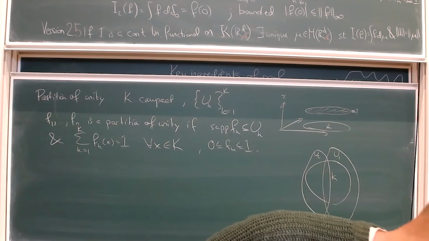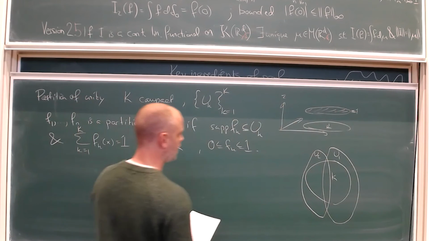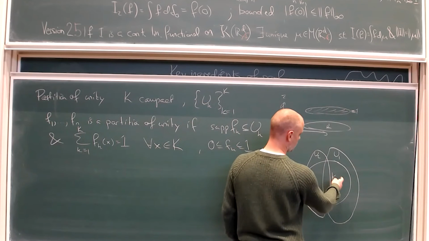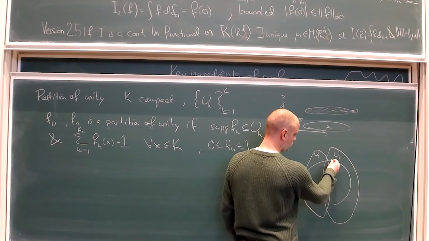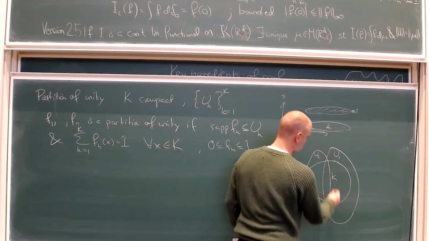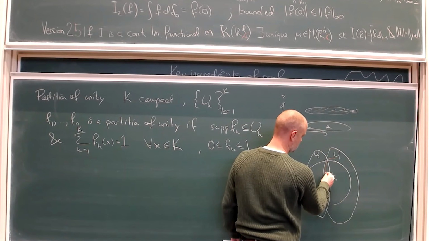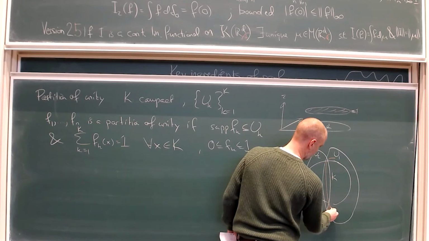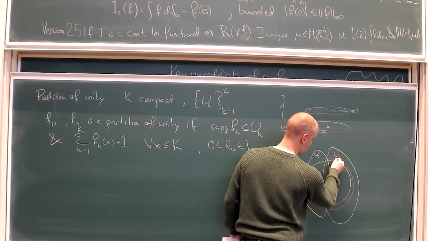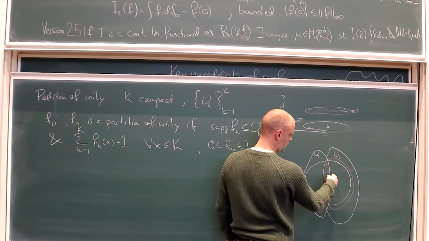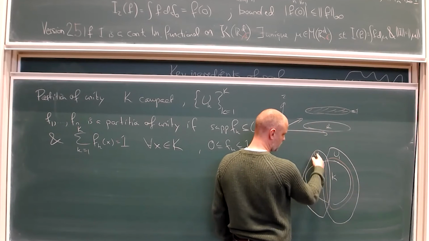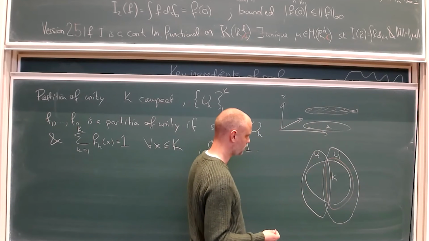On papers. Okay, so what is this? I need a function here, which is identically 1. So let's say it's going to have a set where it's identically 1, and it needs to contain the piece of k, which is where there's no u2 helping us up.